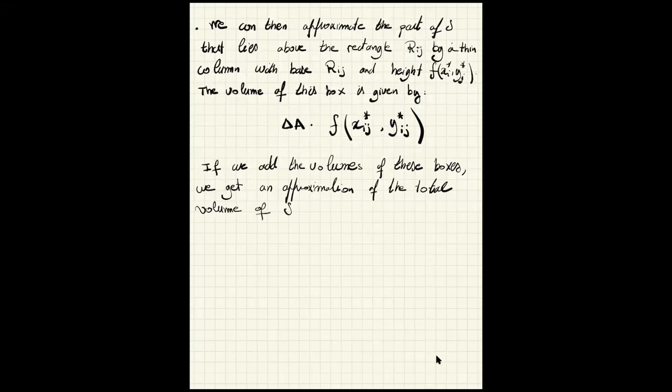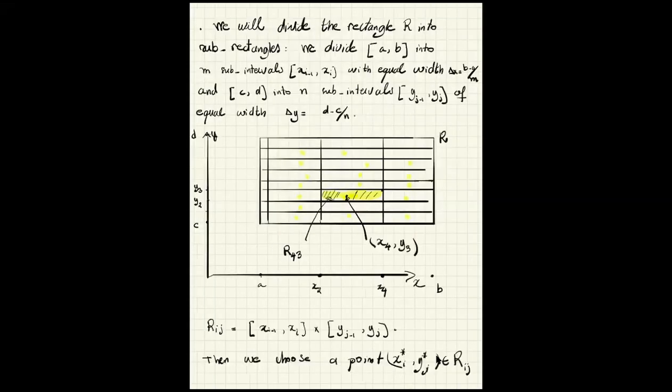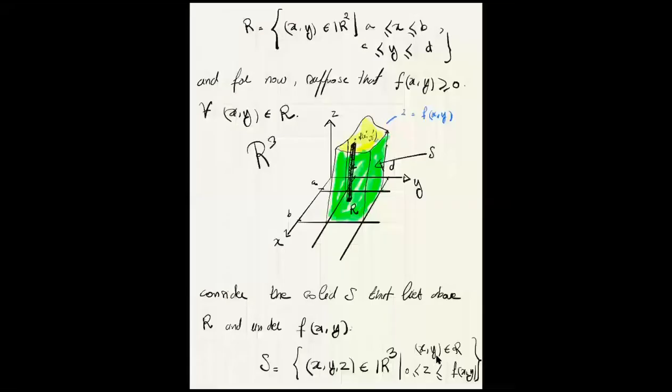If you take some very, very large n and m, subdividing the rectangle into very tiny rectangles, the more you do this, the better the approximation of the volume you're looking for.